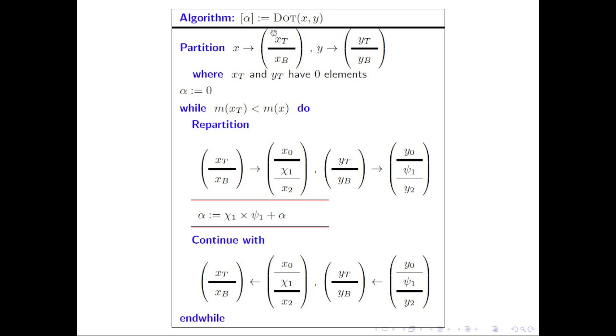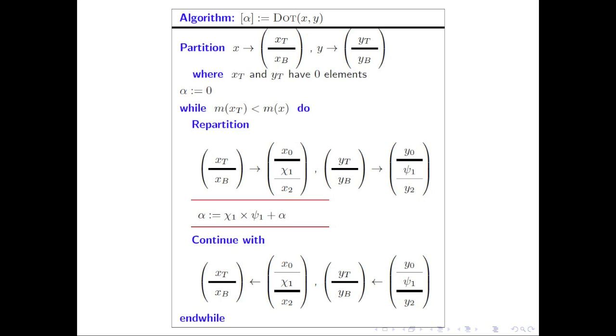First, the routine is called dot. It takes as input two vectors, x and y, and returns as output alpha, the dot product of x and y. Initially, the vectors x and y are partitioned into top parts, x top and y top, and bottom parts, x bottom and y bottom.